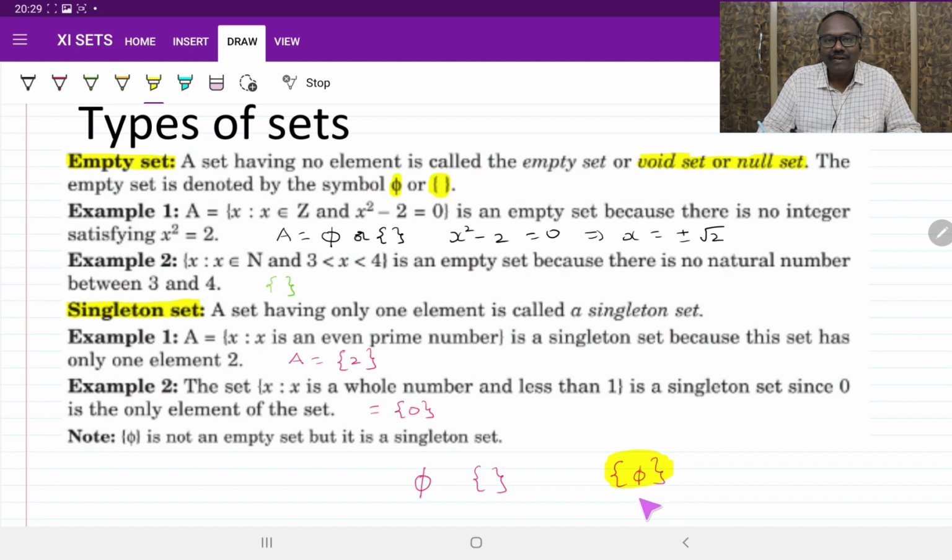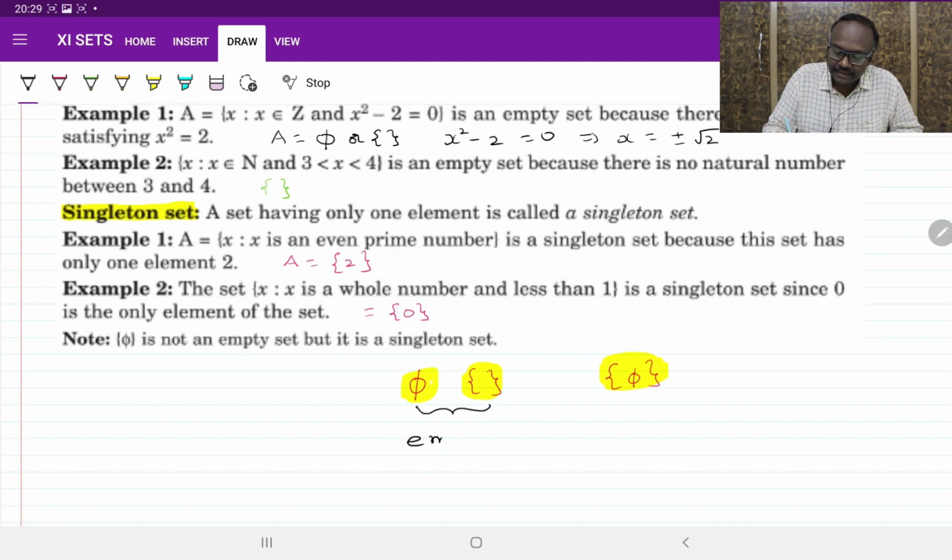So this is an example of a singleton set because this set contains one element, that is 5, whereas these two are the empty sets, also known as void sets. But if you write 5 inside the braces, it is no more an empty set. In fact, it becomes a singleton set.